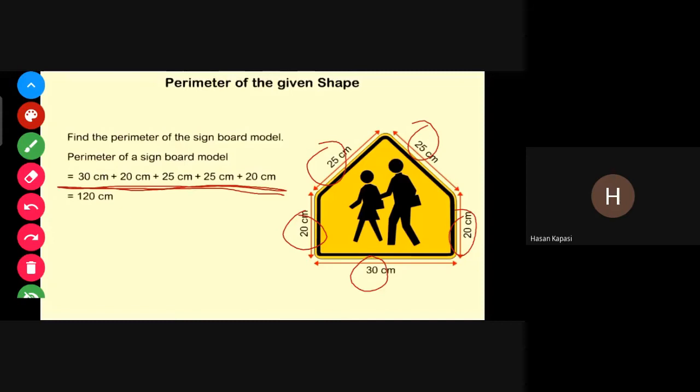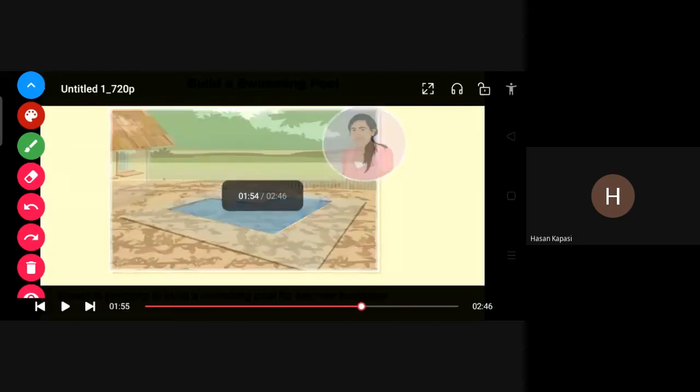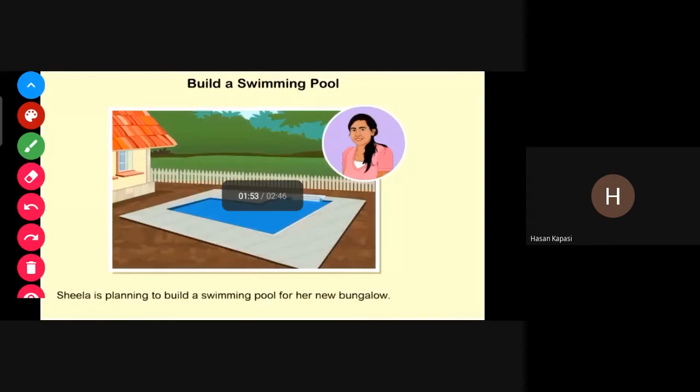That way they have added and found the perimeter. Ma'am, in the exam, do you only give the sides and we only add? Yes, you just have to add that.